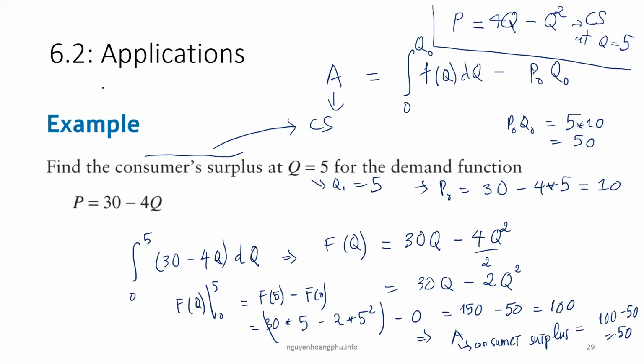So just remember, for CS, the consumer surplus, with Q0 equal to A, it will be the definite integration from 0 to A of f(Q) dQ minus P0 Q0. f(Q) here is the demand function.